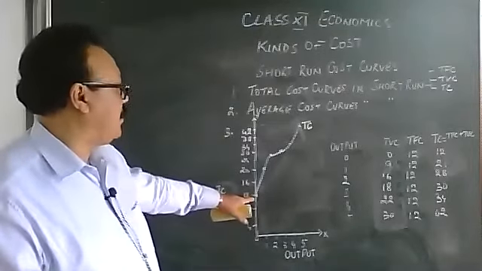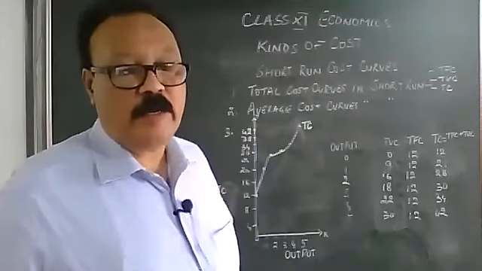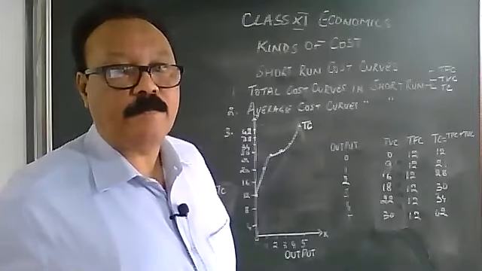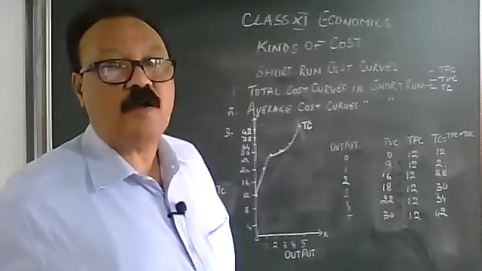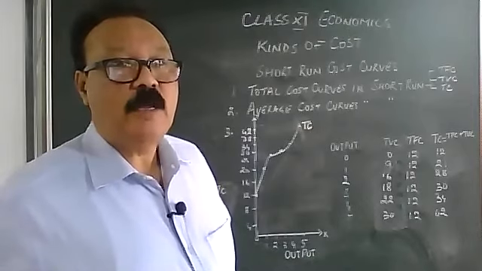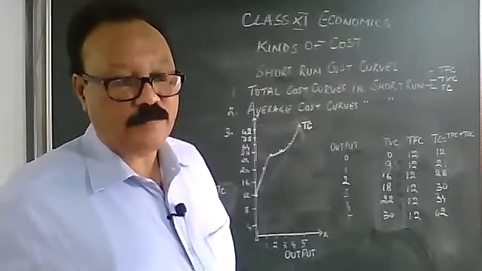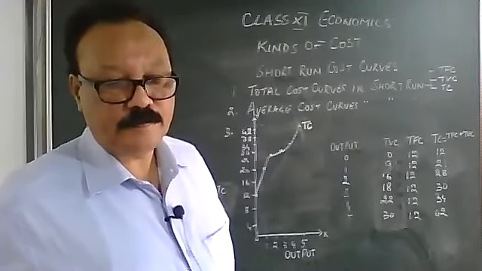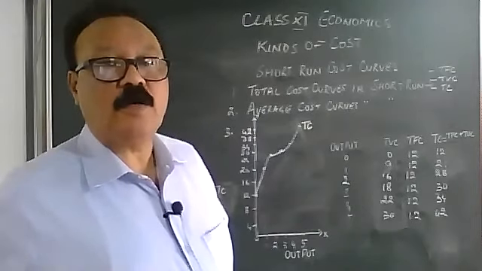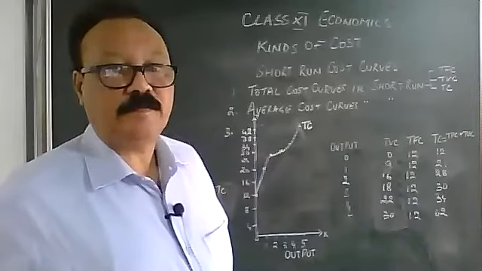It starts from 12. This is the only difference between TFC, TC, and TVC. TFC, of course, is a horizontal straight line. So that was the first, total cost curves: TFC, TVC, and TC.